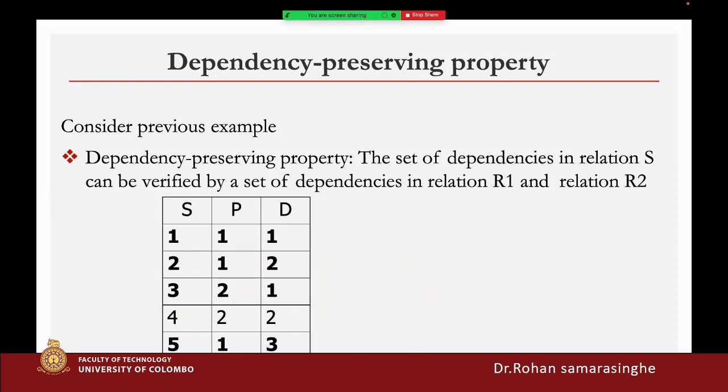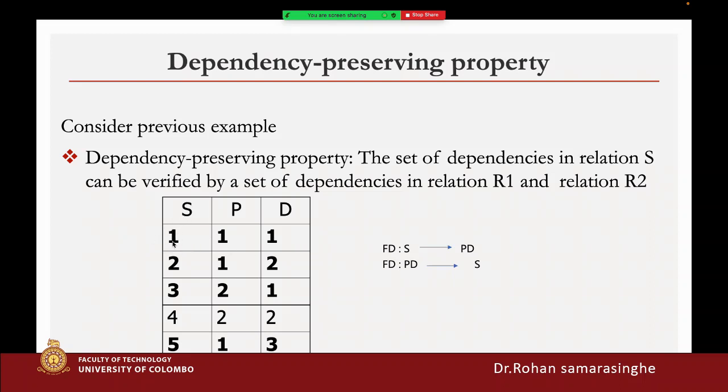Then when you get this one, SPD: 1 1 1, 1 2 1, 2 3 2. Consider this is a certain relation having the values of SPD, with dependencies S implies PD. FD means the functional dependencies from this S. Consider that S is a key.